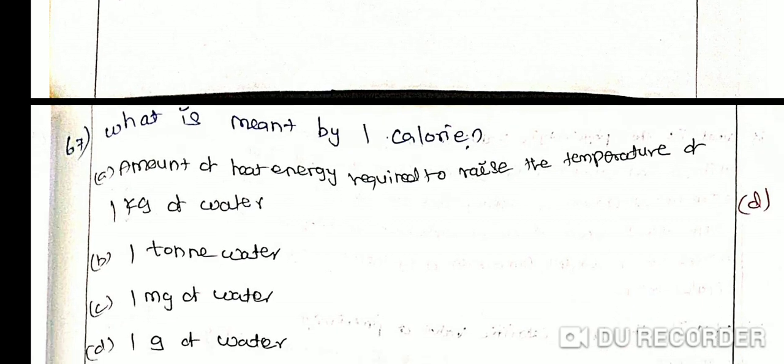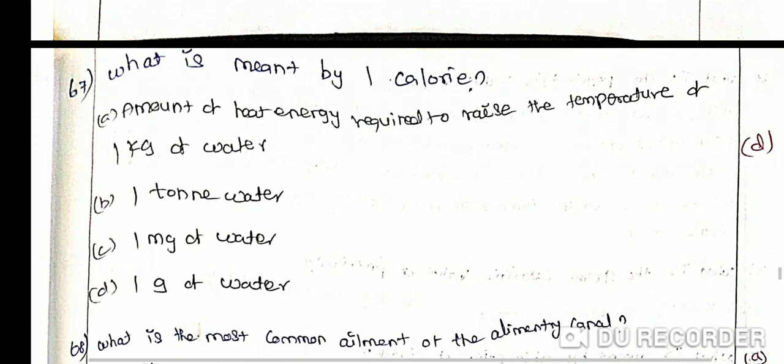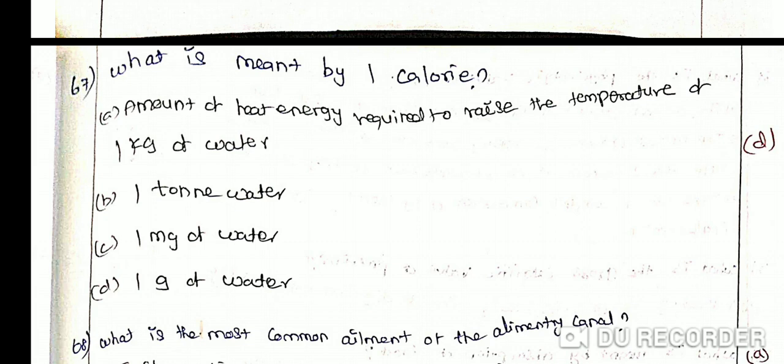What is meant by 1 calorie? Option A, amount of heat energy required to raise the temperature of 1 kg of water. Option B, 1 ton of water. Option C, amount of heat energy required to raise the temperature of 1 milligram of water.